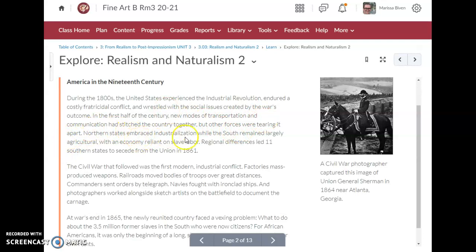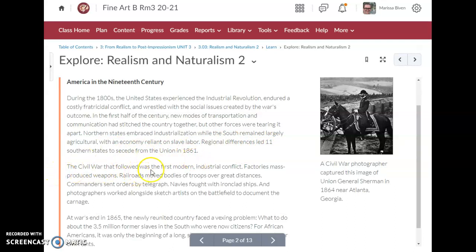Northern states embraced the industrialization, while the South remained largely agricultural, with an economy reliant on slave labor. Agricultural meaning related to farming. Regional differences led 11 Southern states to secede from the Union in 1861.